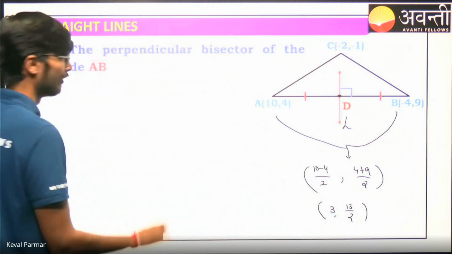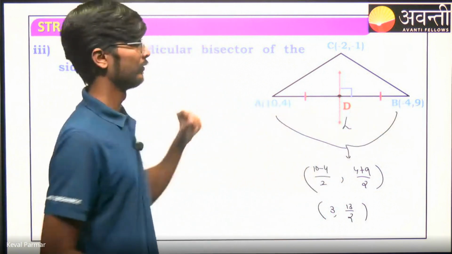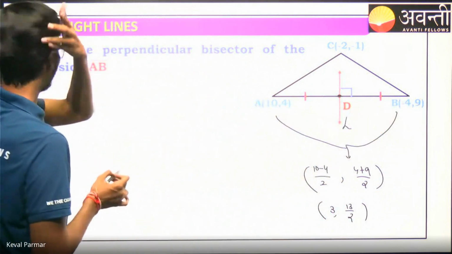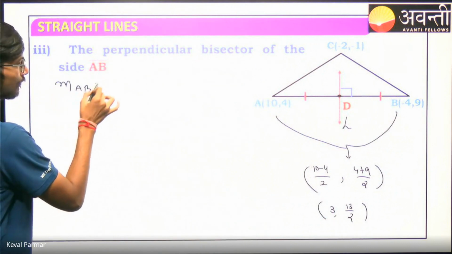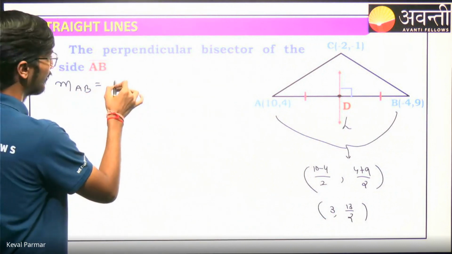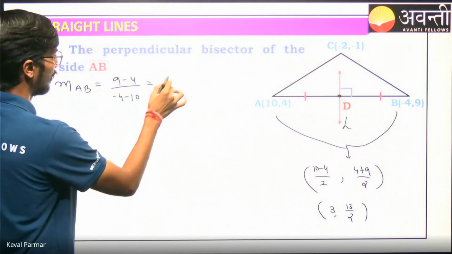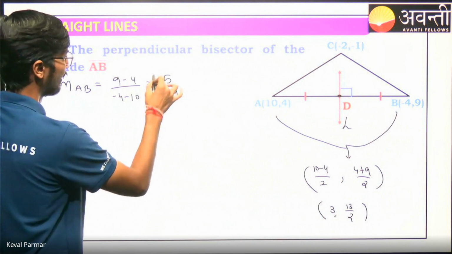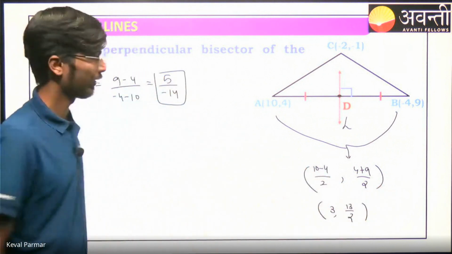And the same thing I will do: L is perpendicular to AB, so I can use the product of slopes as minus 1. Let's first get the slope of AB. The slope of AB is 9 minus 4 upon minus 4 minus 10, which is 5 upon minus 14. And we have the point here. So let's see what we get.